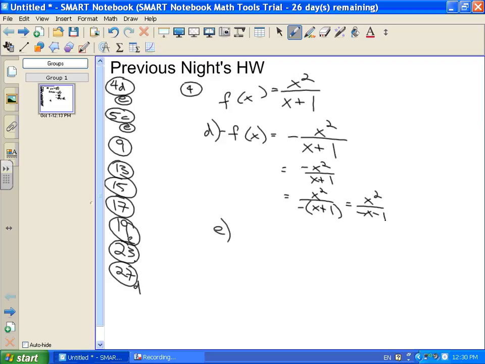Right. E wants what? F of x minus 2. All right, so for this one, then I plug that into my function. So x minus 2 squared over x minus 2 plus 1. And I'm going to work that out.